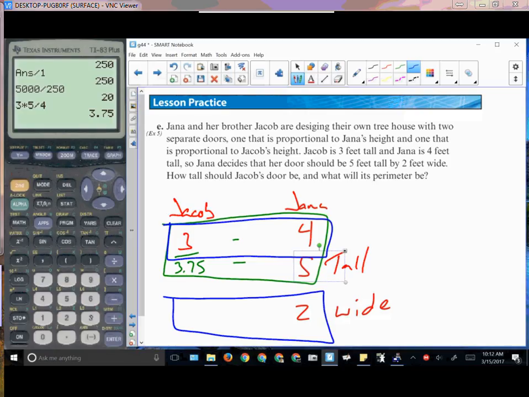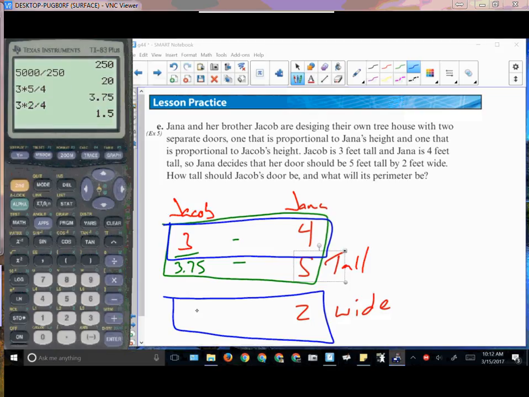Okay, so that means I get 3 times 2 divided by 4, and I end up with 1.5. Okay, so what will its perimeter be? Well, if I'm going around the door, wouldn't that be 1.5 plus 3.75 times 2? 10.5? So there you go.